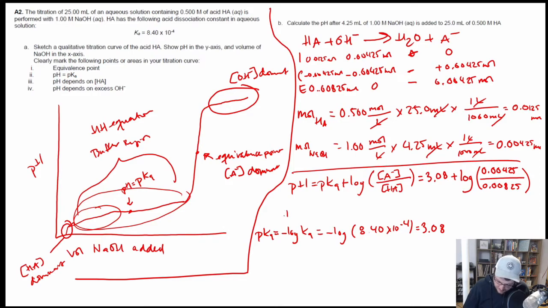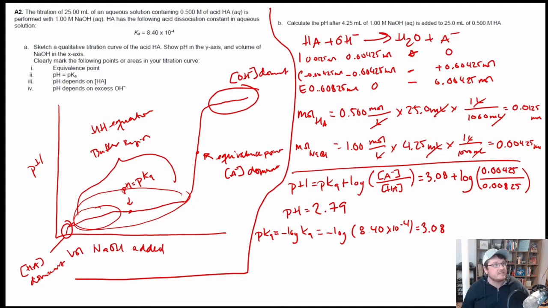So we take all of that and plug it into our calculator: 3.08 plus the log of 0.00425 divided by 0.00825. That gives us a pH of 2.79, or 2.80, same thing.